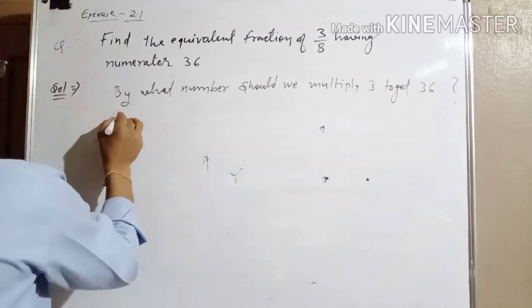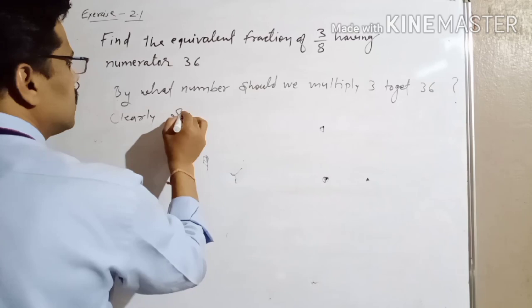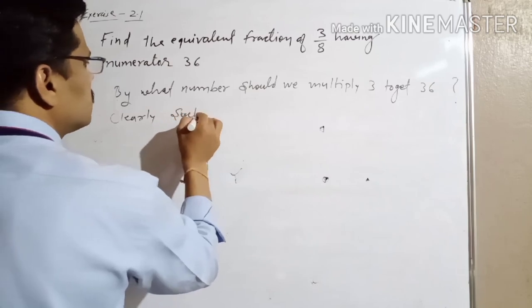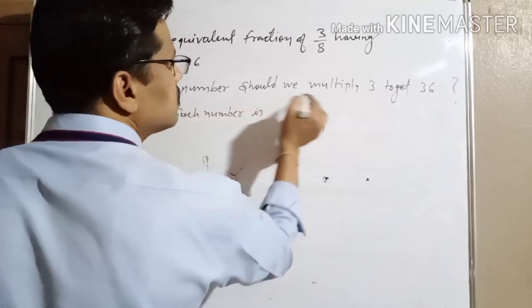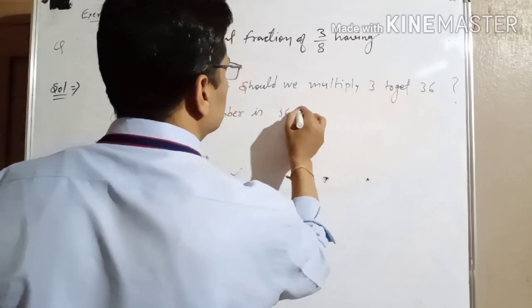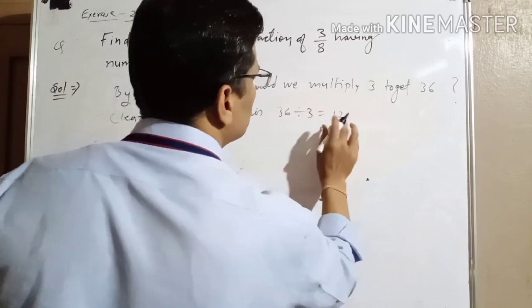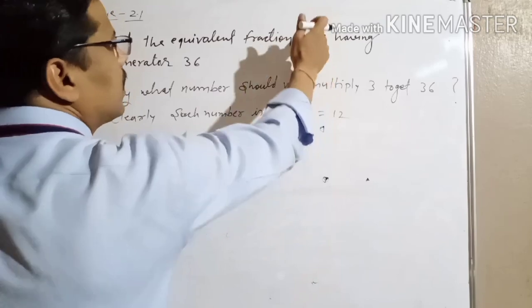Okay, now I will tell you clearly. Clearly such a number is 36 divided by 3. So we can write here 36 divided by 3. What is it? 12. The required number is 12, by which we multiply both numerator and denominator.